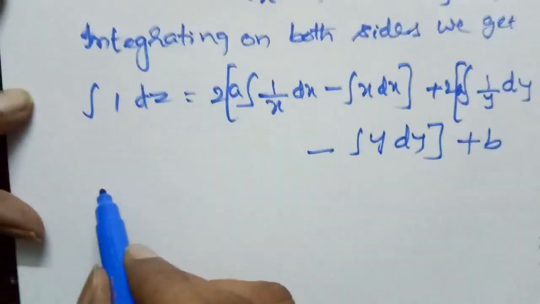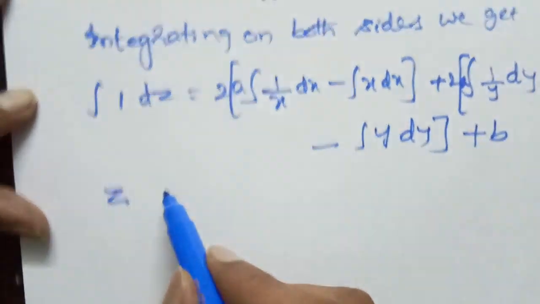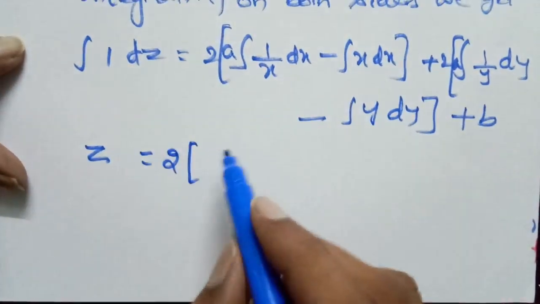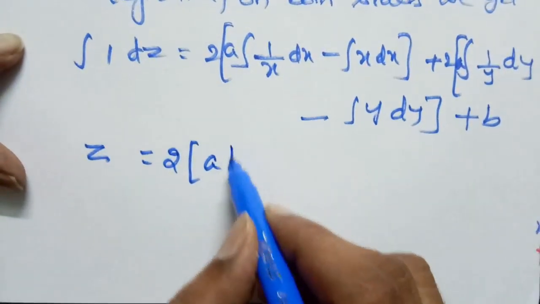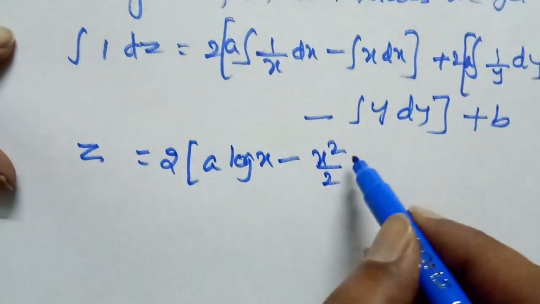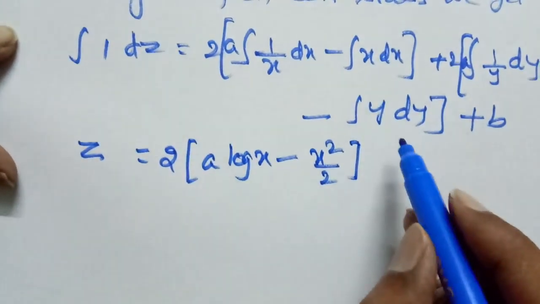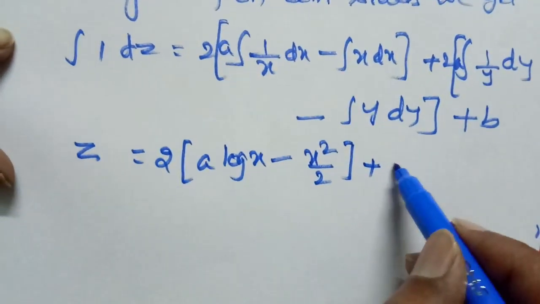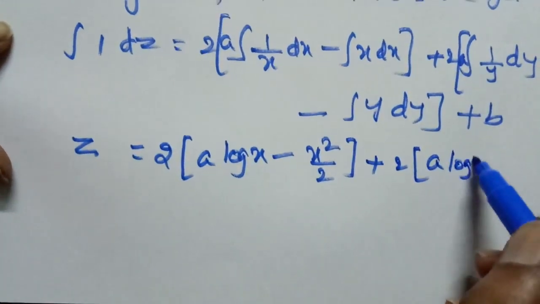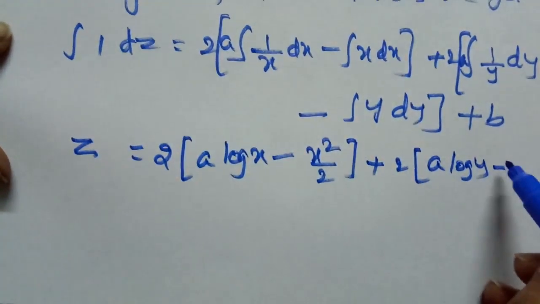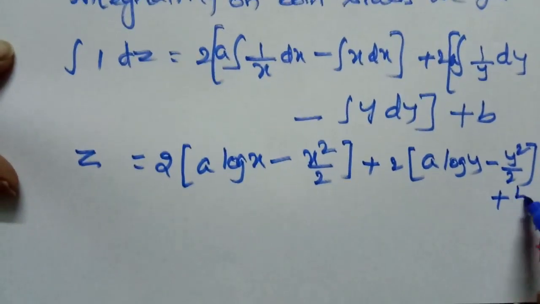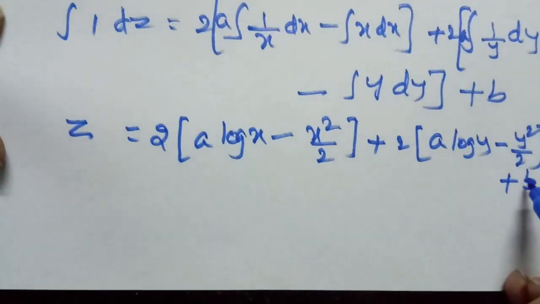Therefore, integration of 1 is capital Z, equal to 2 into a into the integration of 1 by x, which is log x, minus the integration of x, which is x square by 2, using the formula x power n integrates to x power n plus 1 by n plus 1, plus 2a into the integration of 1 by y, which is log y, minus integration of y, which is y square by 2, plus constant of integration.